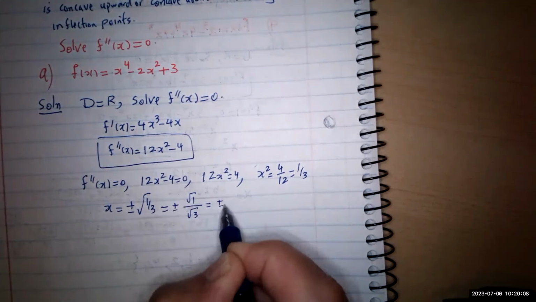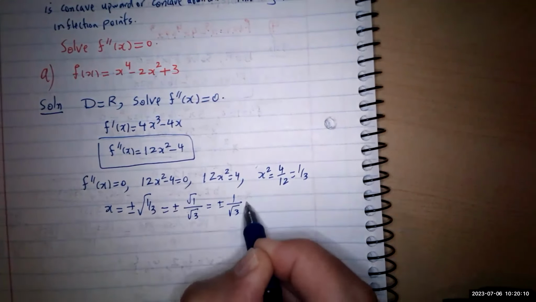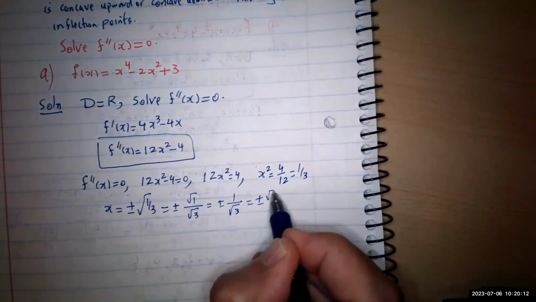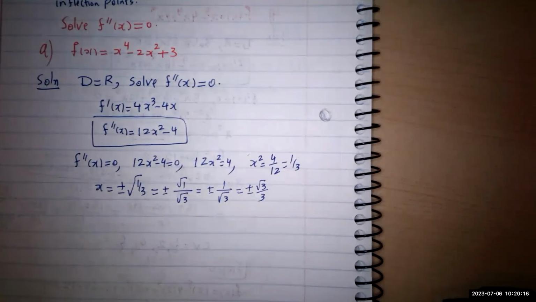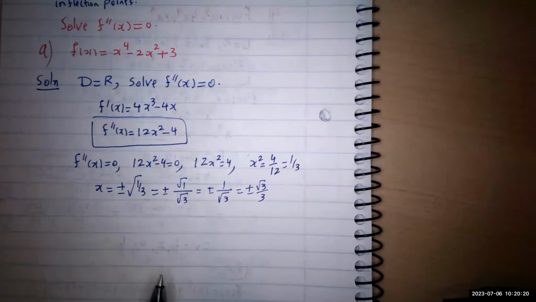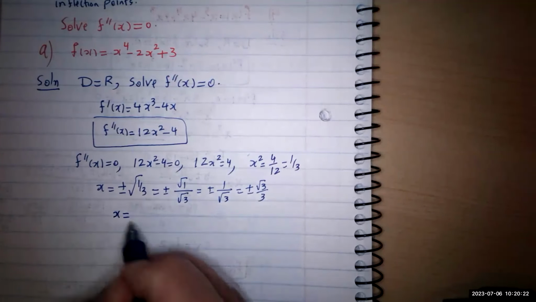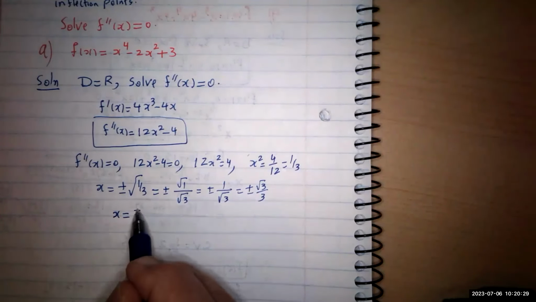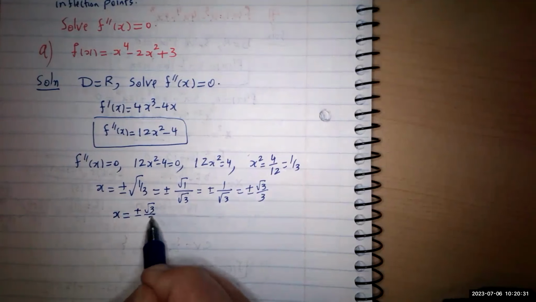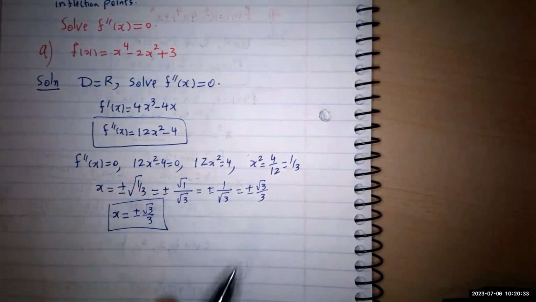It's going to be 1 over radical 3, or however far you want to go. These are the possibilities for the inflection points. Whatever you pick, you have to go back into the function and substitute. So if you pick this one, you have to find the values.